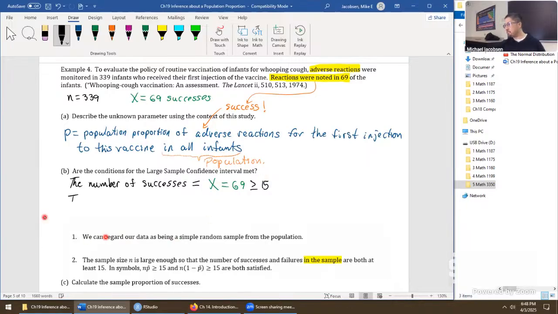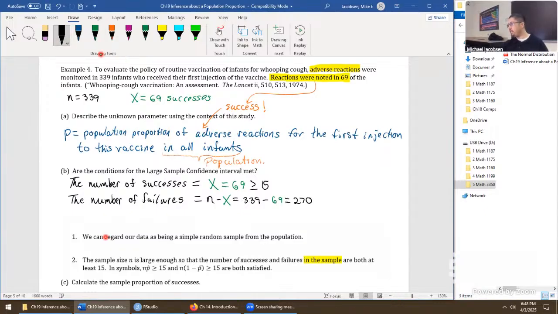Then the number of failures. By formula, a nice way to calculate this is to take your sample size and subtract the number of successes, because if you take successes and failures, that gives you the total sample size. So this will be sample size 339 minus number of successes, 69, giving us 270 failures.